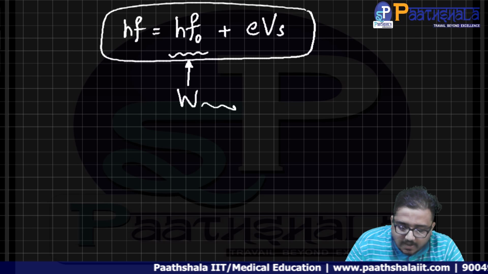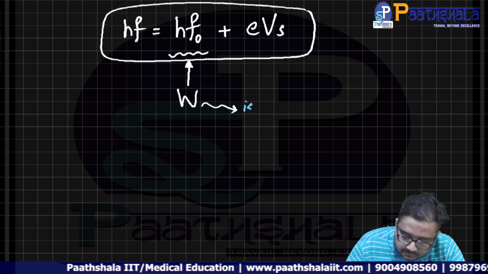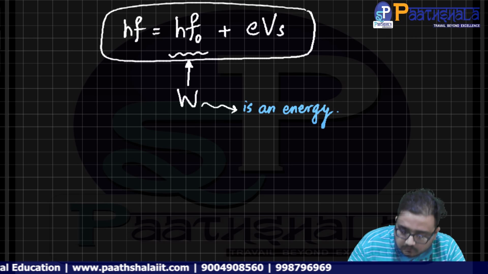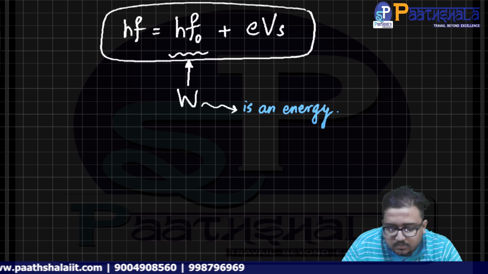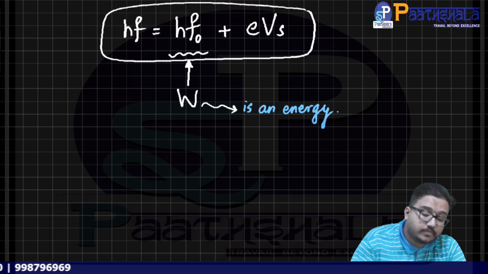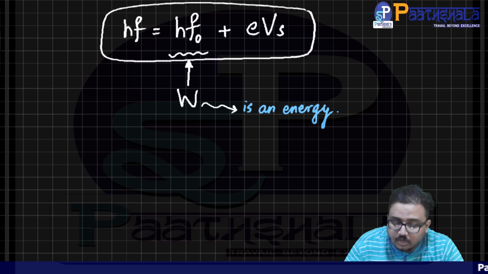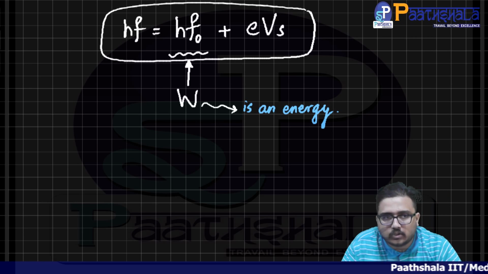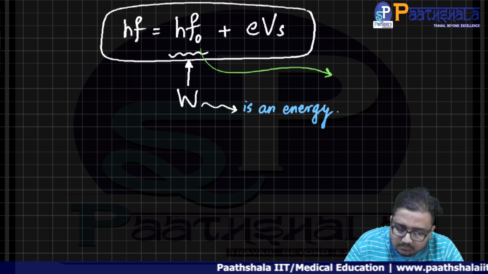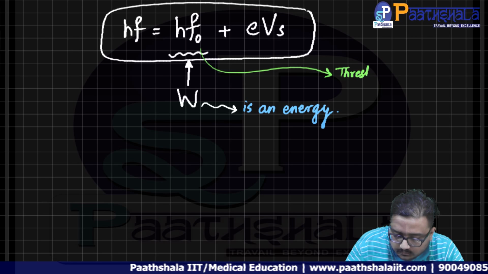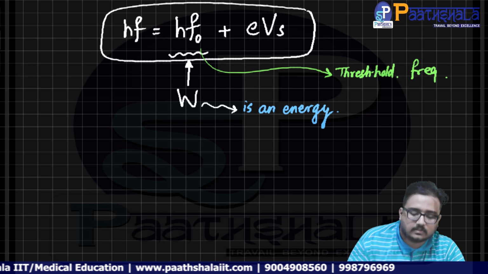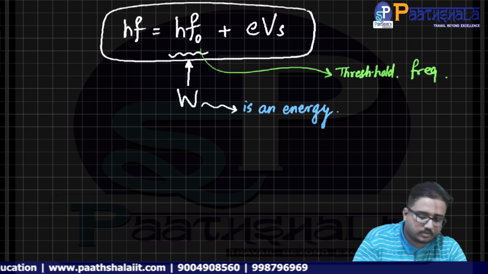W is an energy, and it has been replaced with HF naught, meaning there will be some frequency F naught such that HF naught equals W, which is the energy required to pull the electron outside the nucleus. That frequency is called the threshold frequency. So this is another version of Einstein's photoelectric equation.